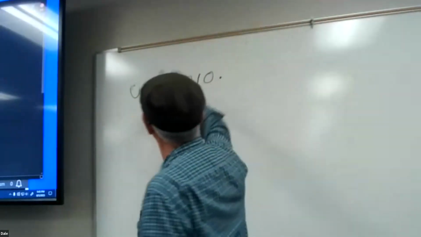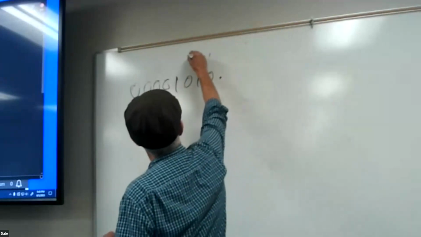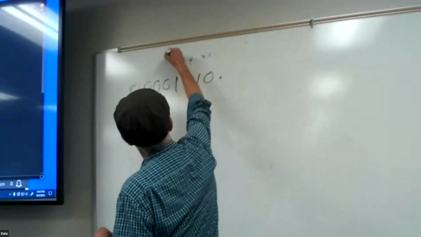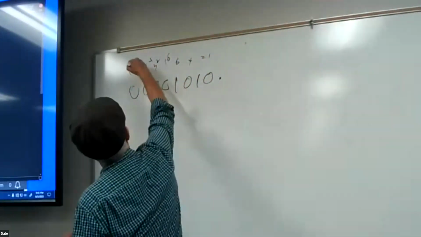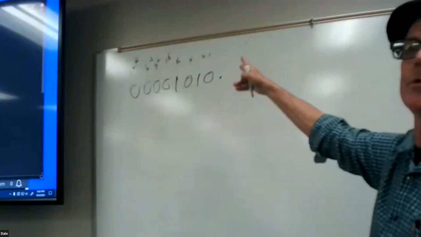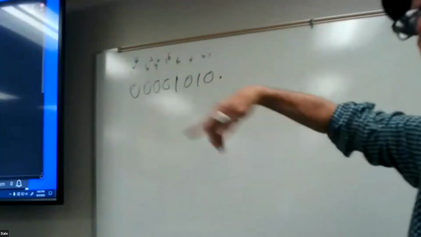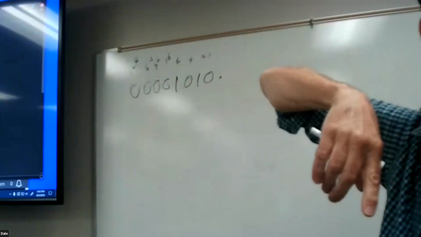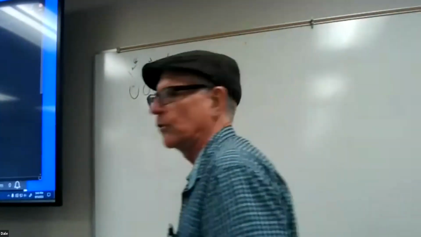So what numbers do I need if this is the 1, 2, 4, 8, 16, 32, 64, 128? Algebraically, it's 2 to the 0, 2 to the first, 2 to the second, 2 to the third, 2 to the fourth, and so on. I just wrote it that way. So wherever there's a 1, add that number. Makes it easy to convert.